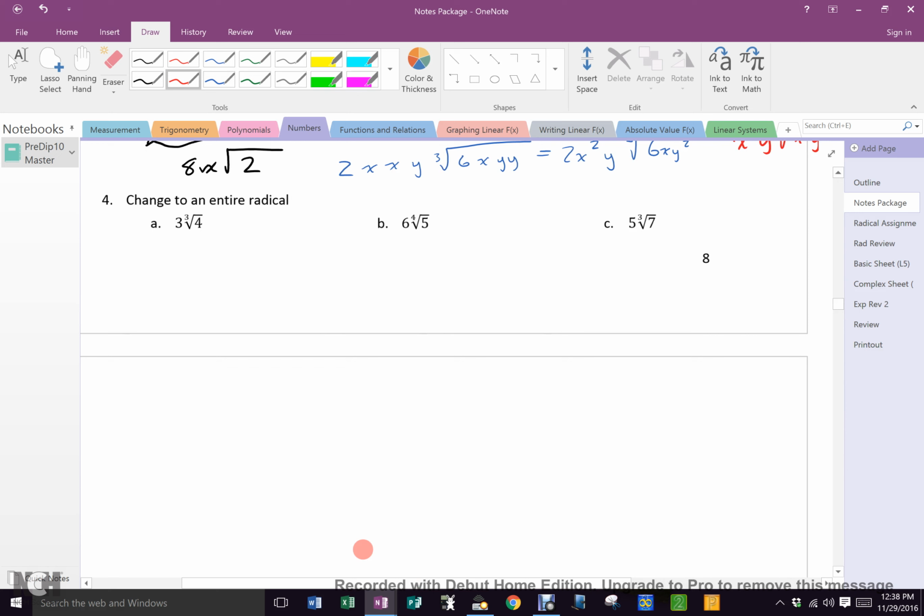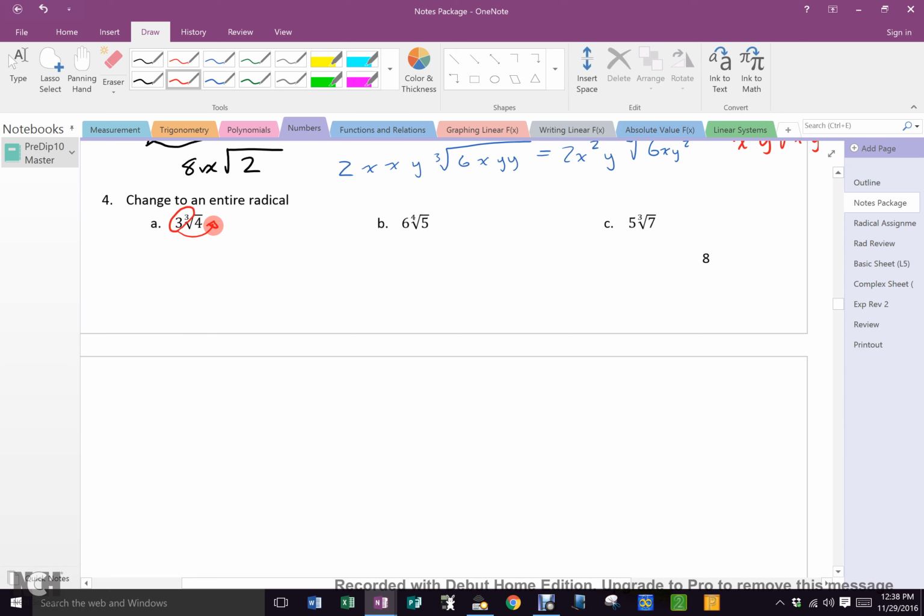Okay. Now, what's different in number 4 here? What's the only thing that's changed? Because you've already seen something that looks like this. The index has changed. When there was no index, we took the coefficient and the index and we put them back under there, yeah?